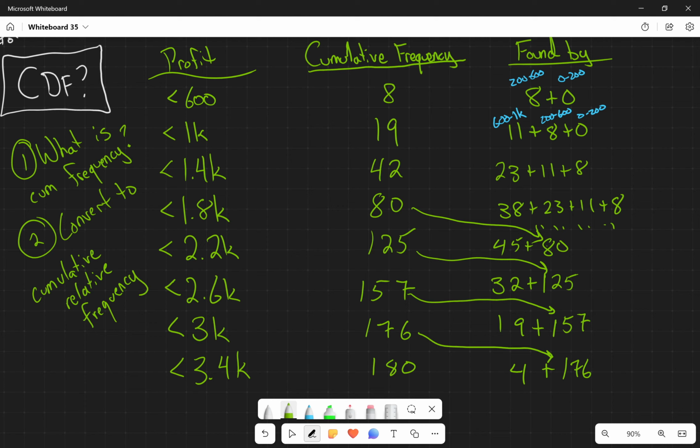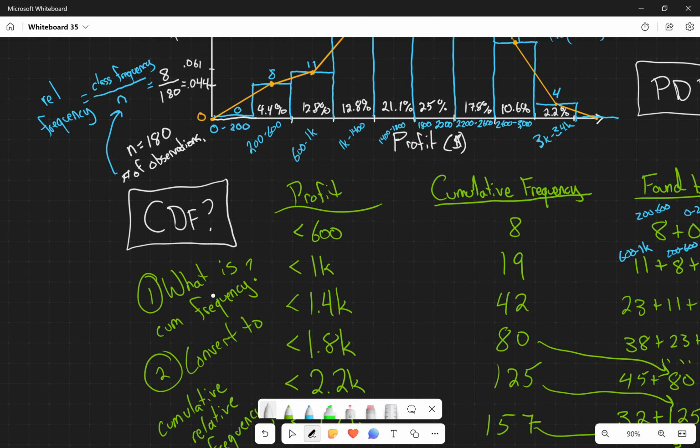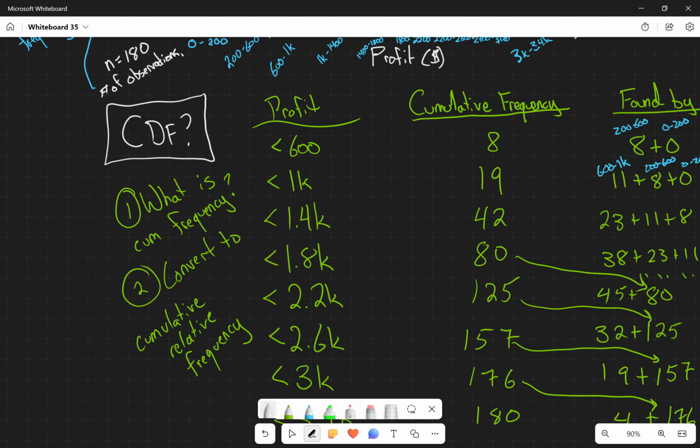I know it seems a little scary, but we are just doing the same thing we were doing last time. Last time, in order to get the relative frequency, we took the class frequency and divided by the n, the numbers that we had here, 8 divided by n, 11 divided by n. So now we're taking the cumulative frequency numbers and dividing those by n. So cumulative relative frequency is equal to the cumulative frequency divided by the number of observations.